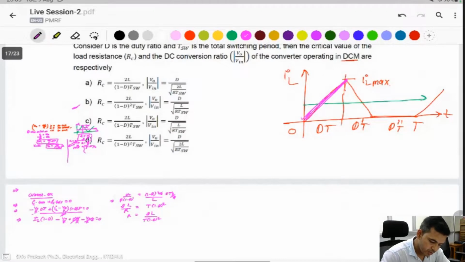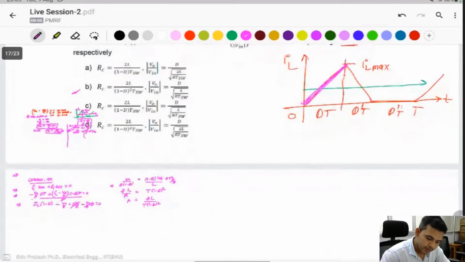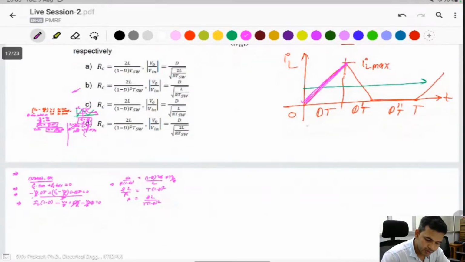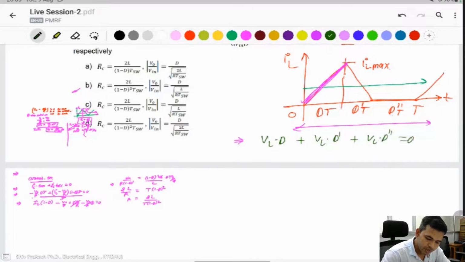For the second portion, V naught by V in, we take this diagram and apply the same second equation. Then we find VL into D plus VL into D dash plus VL into D double dash equal to 0. Because D double dash is also 0, because current is not present here and voltage is also 0.